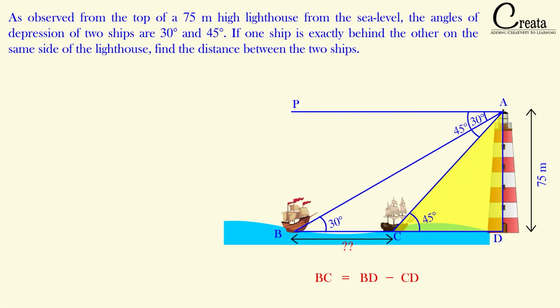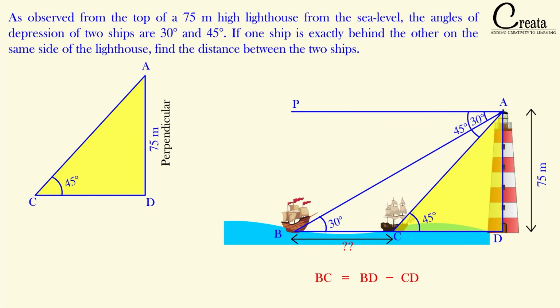Firstly, let's take the triangle ACD. Here AD is the perpendicular as it is opposite to the trigonometric angle, and CD is the base for this triangle as this is the side between the trigonometric angle and 90 degree angle. So which trigonometric ratio is the linking between the perpendicular and the base? It is tan theta, which is equal to perpendicular upon base.